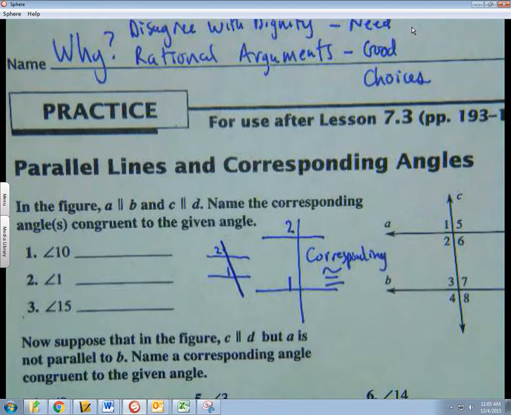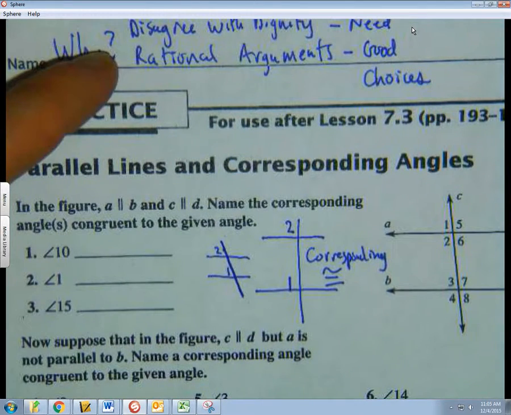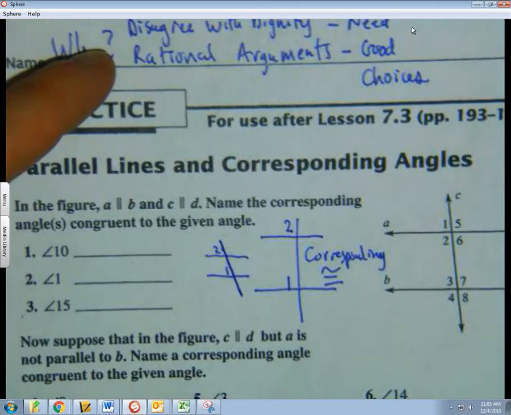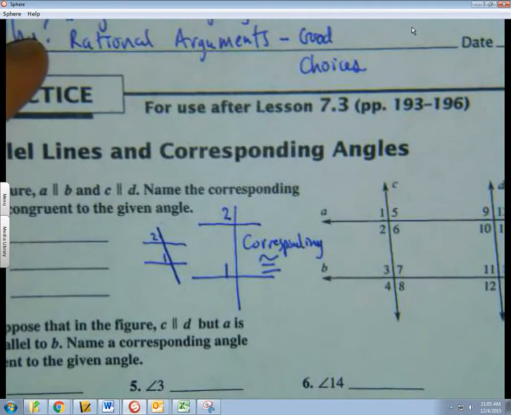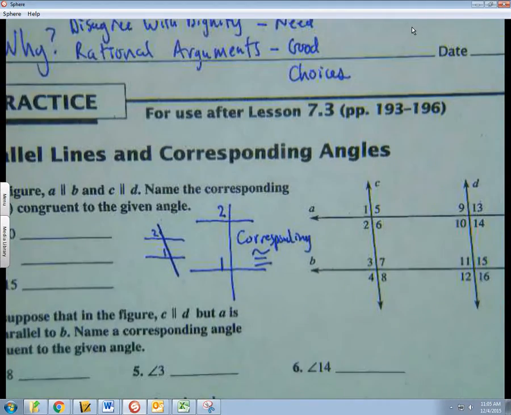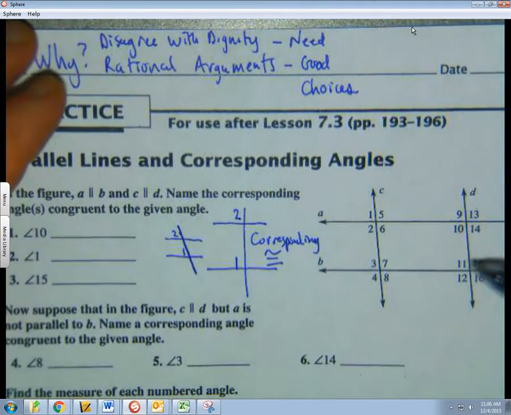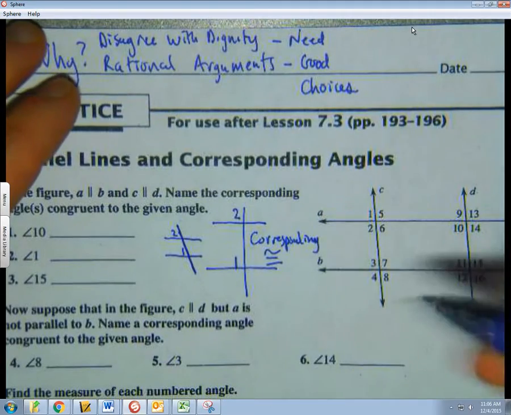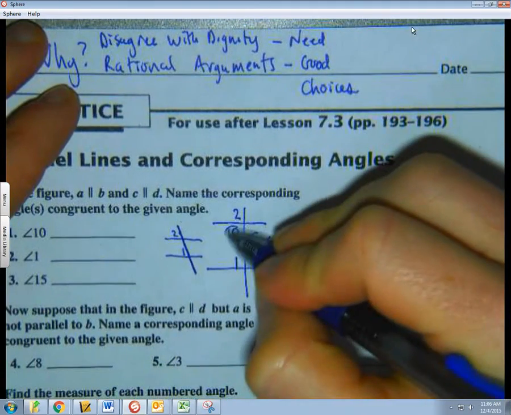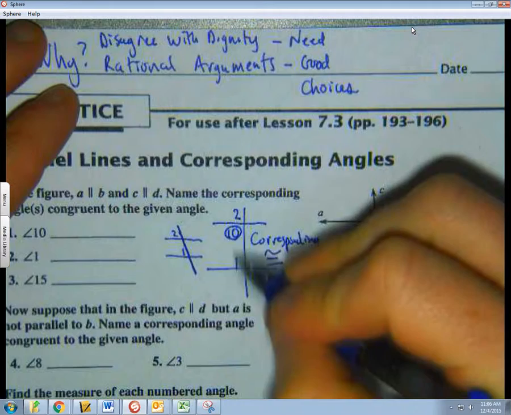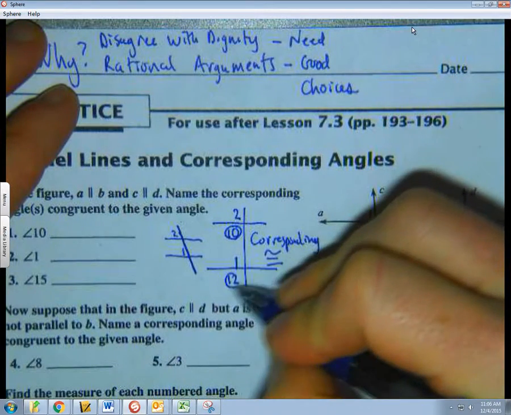All right, so what is corresponding to 10? So let's look at the same kind of picture we drew. I better get over there so you can see. If we look at the same kind of thing we drew here, here's 10, and then corresponding to 10 would be one inside, one outside, on the same side, so 12.